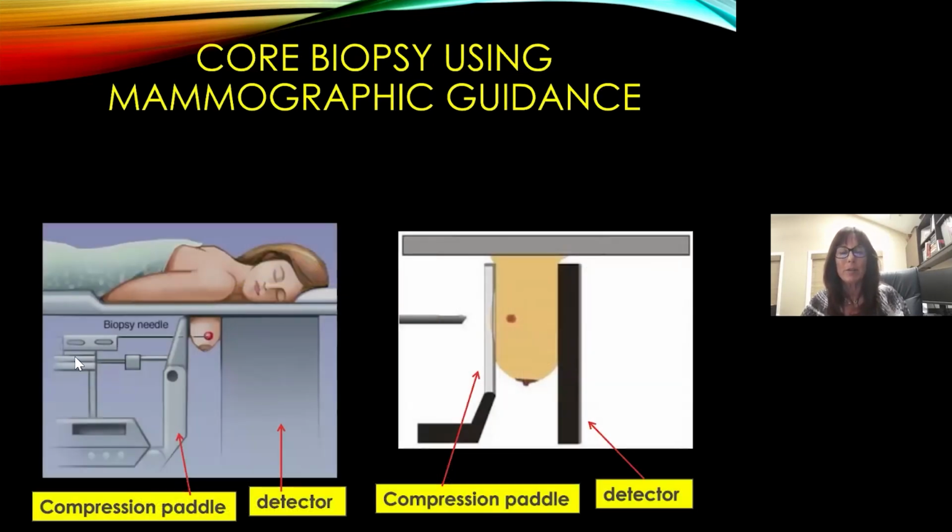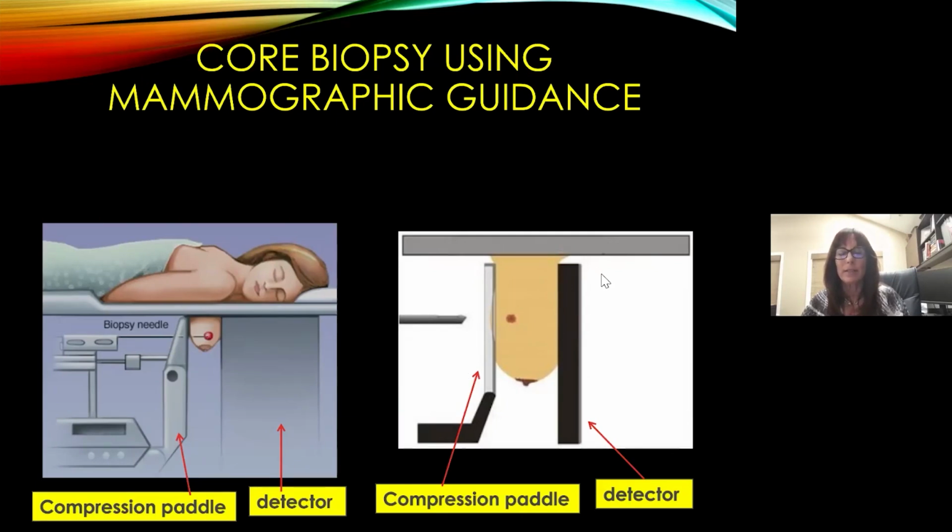Again, a diagram of a patient being positioned on a prone stereotactic core biopsy table. Here is the detector. Here's the paddle that is compressing the breast. It actually has a window which allows the needle to get into the breast, and the X-ray tube would be beyond the field of view of these pictures, but would be on the left.